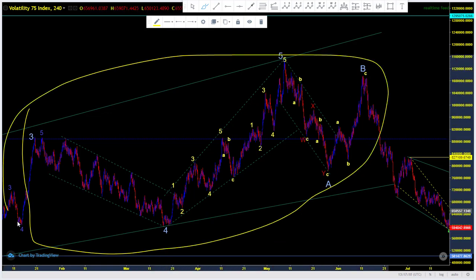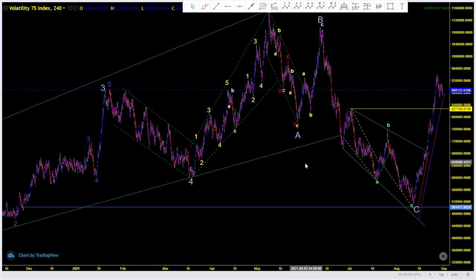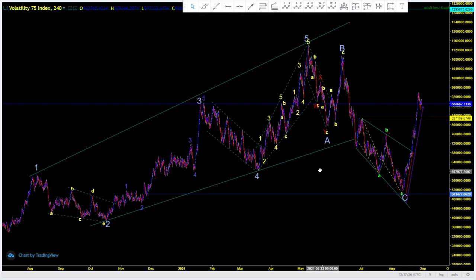This is the area of interest that you need to look at. If you are a pure price action trader and you're in the business of reading and studying and slicing and dicing price, you enjoy this. Just go and look at this part of the price action displayed here. It will help you a lot. That's the part that I was referring to. So without wasting your time, let's come back to V75 and look at it.